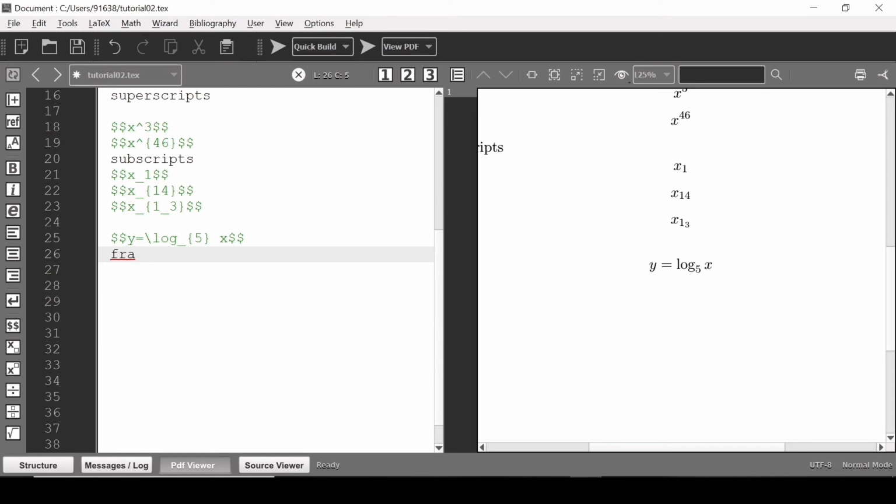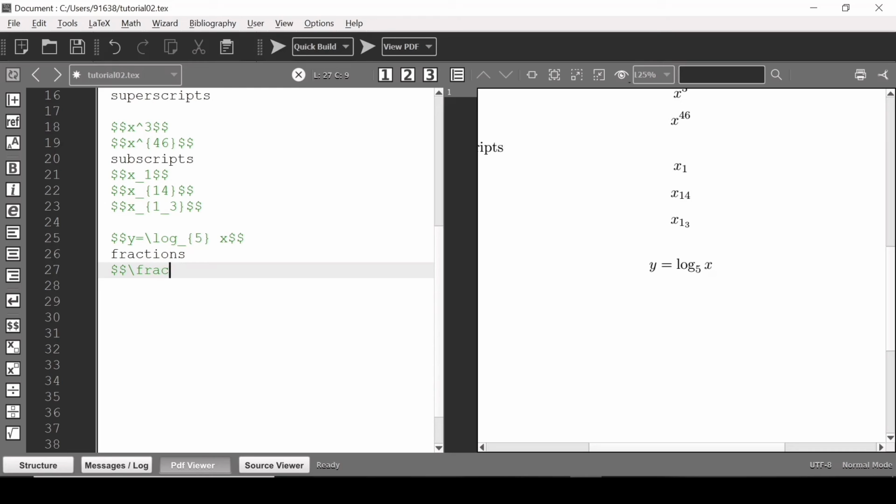Let's learn fractions. How to write fractions. For writing fractions, there is a command called frac. It is suggested automatically. You have to write it again in a double dollar sign.